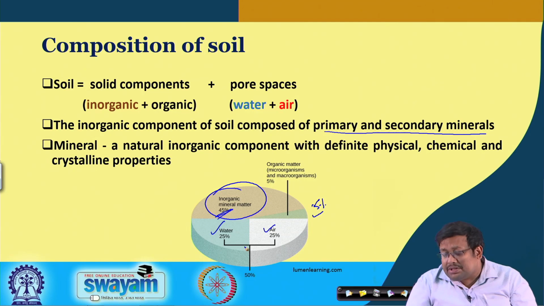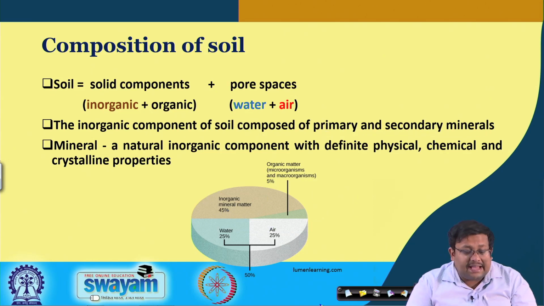So, the first question comes, what is a mineral? Remember, a mineral is basically a natural inorganic component with definite physical, chemical and crystalline properties. So, to be qualified as a mineral, a compound has to be natural and inorganic in nature, as well as have definite physical, chemical and crystalline properties.